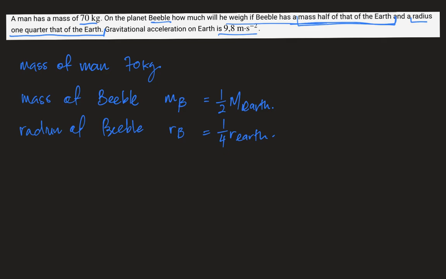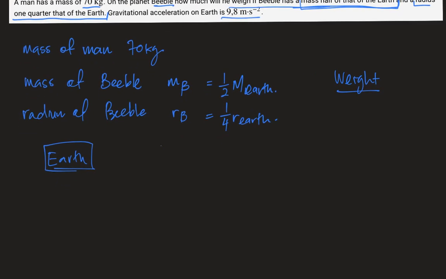So the first thing we need to know is, because we're looking at weight, like in the previous example, we need to find out what this guy's situation is on Earth. So I know that Fg is equal to mg, and mg is equal to G, mass of the Earth, all over the radius squared on Earth.